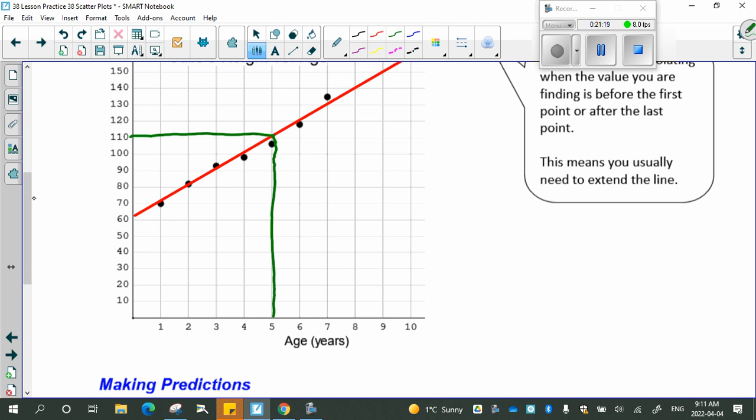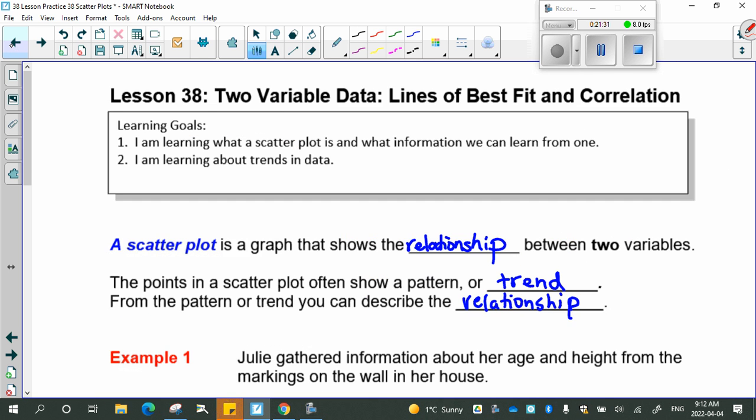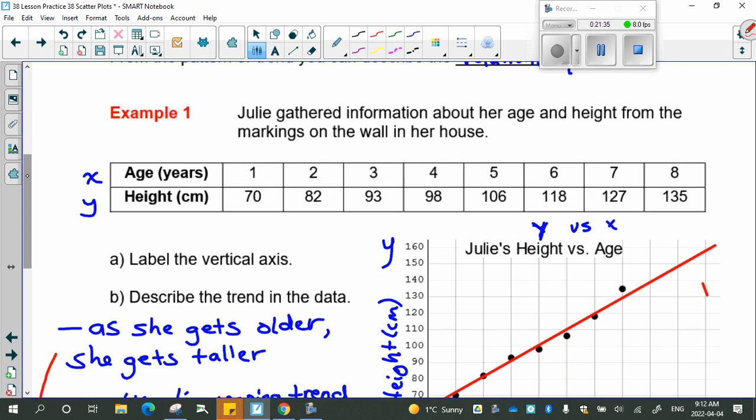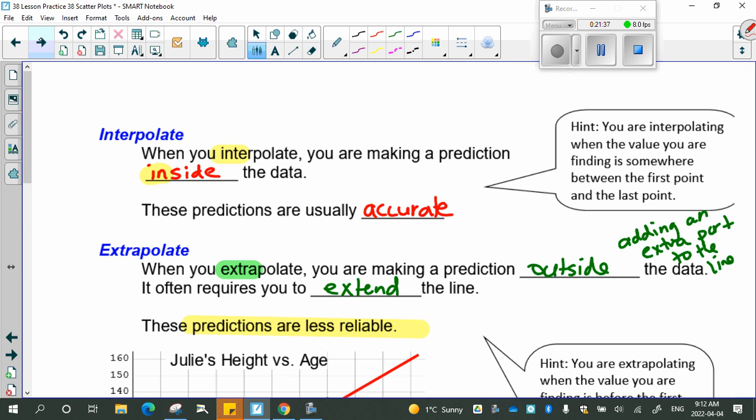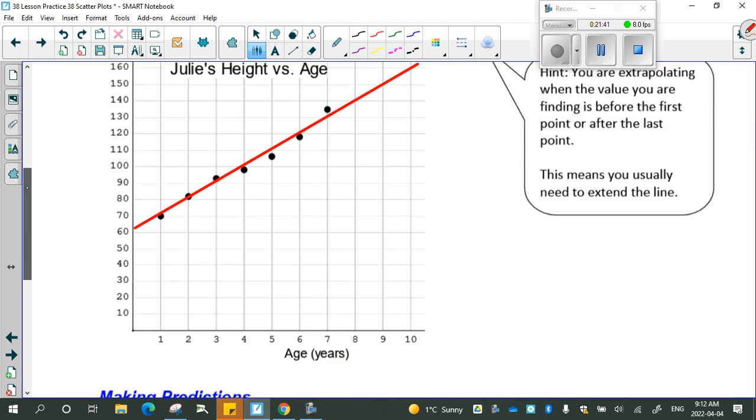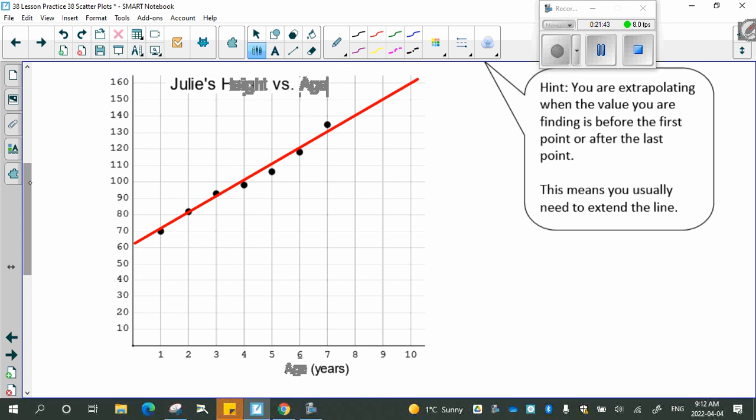Okay, so if you're looking at this data point, that's another thing too. According to her data, we could even look way back at the chart and see how tall she was at 5 years old. It was 106, right? But we're using our line of best fit to predict instead of using her data points, okay? So she was actually 106.